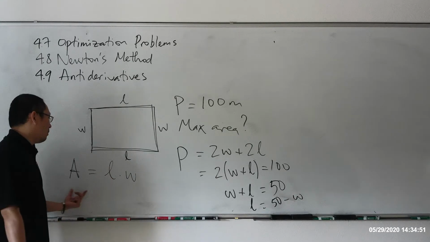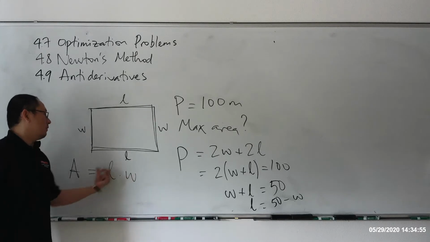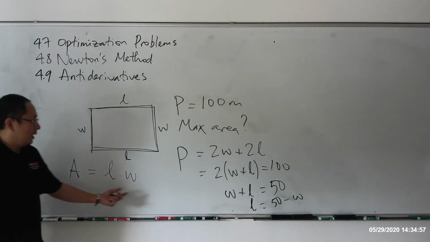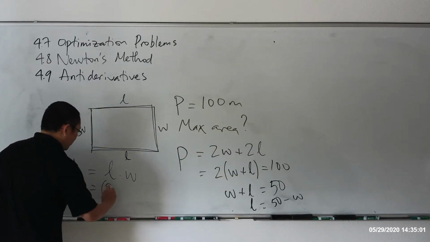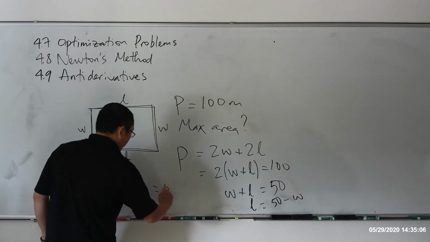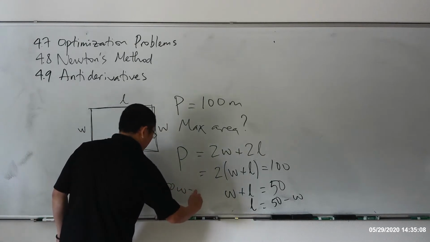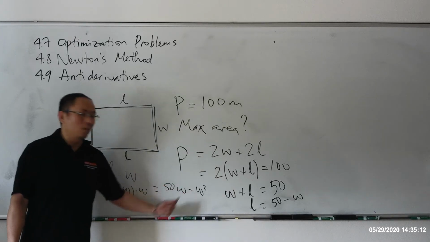Okay. For Calculus 1, we only learn functions with 1 variable, so we have to solve for one of the variables in terms of the other variable. So in here I solve for L. L is 50 minus W. So plug in here, I got (50 minus W) times W, which is 50W minus W squared. Now area is in terms of the width W.